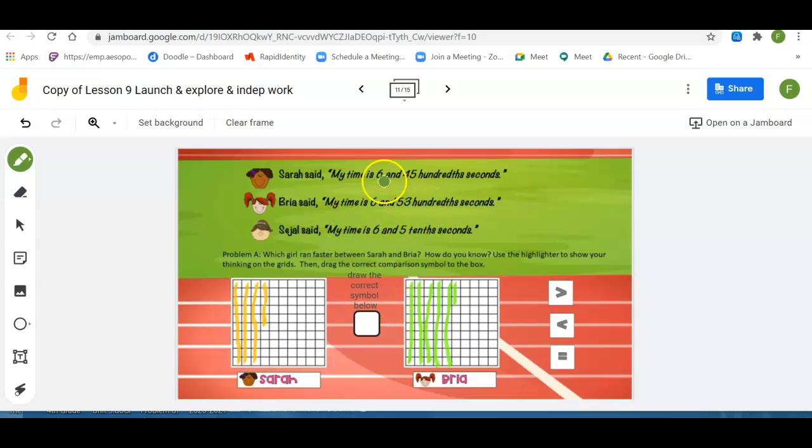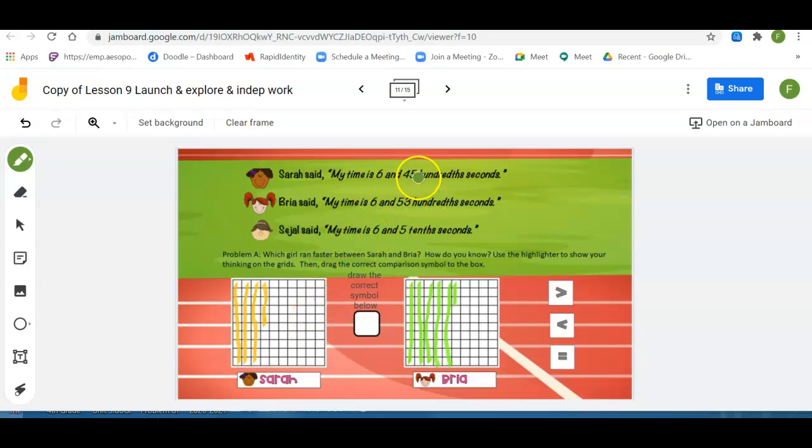Remember, the 6 is the same for all of them, so we don't need to compare that if they are exactly the same. What we need to compare are the fraction parts, the ones that are less than a whole. So we need to compare the 4,500s to the 5,300s, and then we're going to be looking at the 5/10. Those are the ones that we need to compare, because these all are the same with the 6.